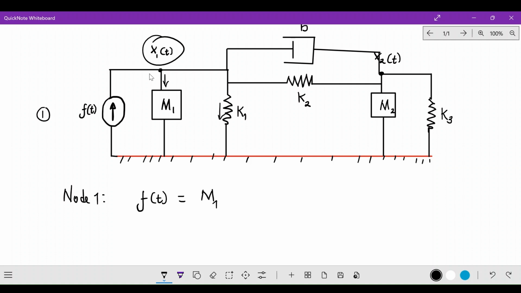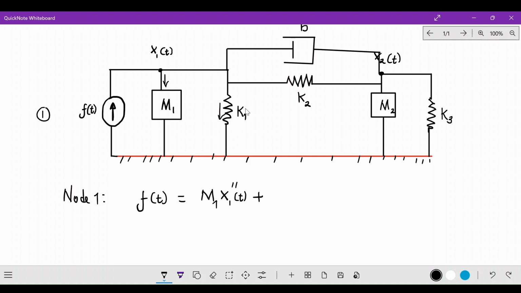It's the displacement of this mass. Remember, this is at x1 of t, this is at 0. So it's more like the voltage across this mass, or this resistor, which can be x of t. So the second derivative of that displacement: x1 of t double dash, the second derivative.